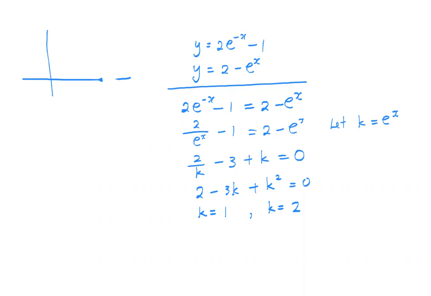Okay. So e to the power of x is equal to 1, so x equal to ln 1, which is 0. e to the power x is equal to 2, so x equal to ln 2. Got it?